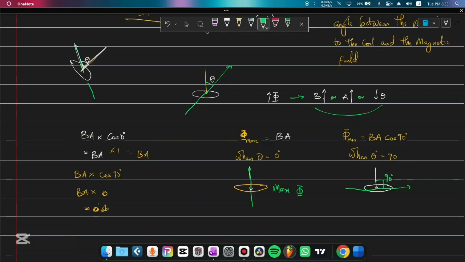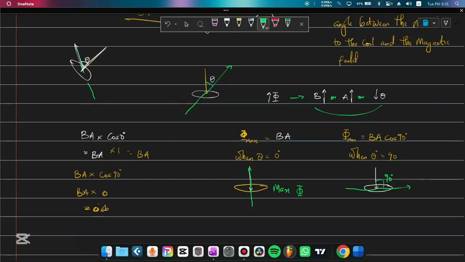Magnetic flux is going to be at the lowest, because the cosine of 90 is equal to what? 0. So if the normal and the direction of the magnetic field coincide, they pass through each other, then we have the maximum magnetic flux.